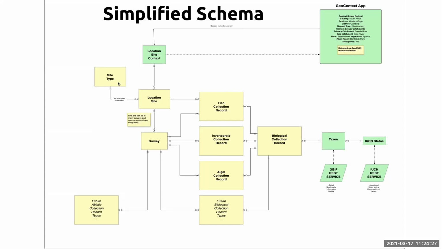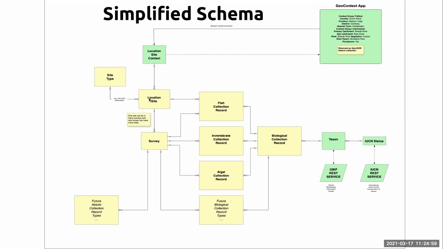It could be a point, or it could be a linear site, for example, if you're doing a transect, or it could be an area, for example, a conservation area, or a wetland demarcated area, or what have you. So you don't have to necessarily think only in terms of point locations, although the development thus far has been point focused. We have put in place things so that in the future we could also support non-point based sites.